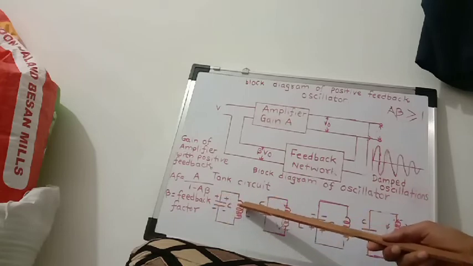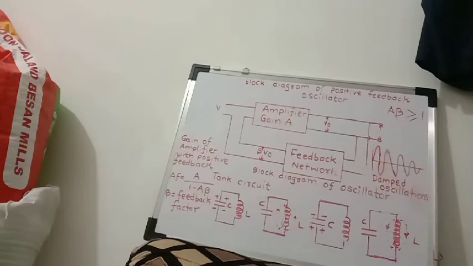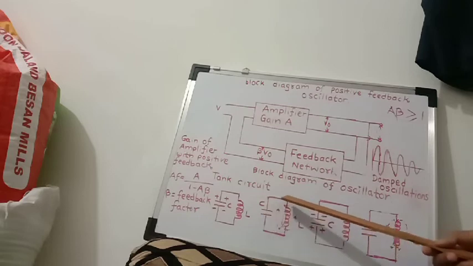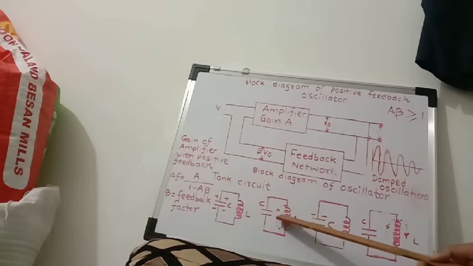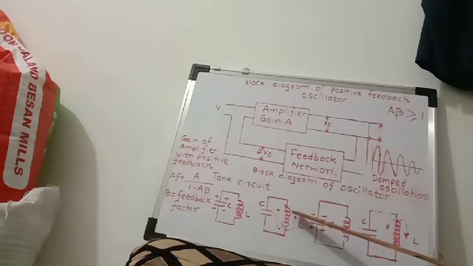Since the capacitor discharges through inductor L, there is a magnetic field around this inductor L. Then after one fourth cycle, this magnetic field starts collapsing and it sends electric current, and then C gets charged again.